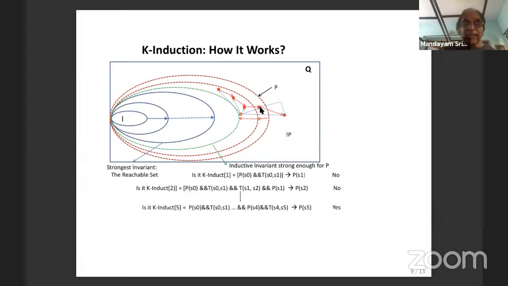I call these states, states inside P that in one or more steps lead to something which is not inside P, a counterexample to induction, CTI, okay? And that's what this induction hypothesis in this check is ensuring.